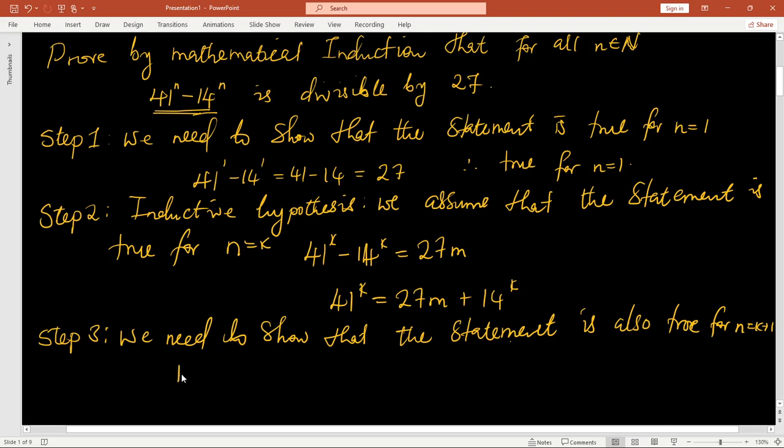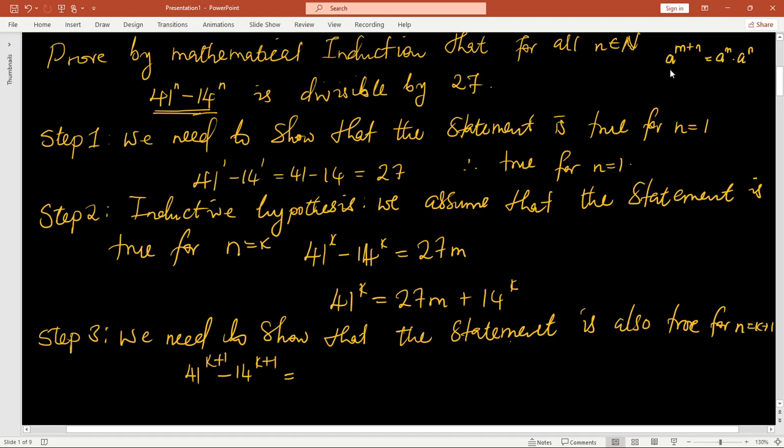So here we have 41 to the power k plus 1 minus 14 to the power k plus 1. Now we know that if we have powers that are adding, for example a to the power m plus n, this simply means that we have a to the power m multiplied by a to the power n.